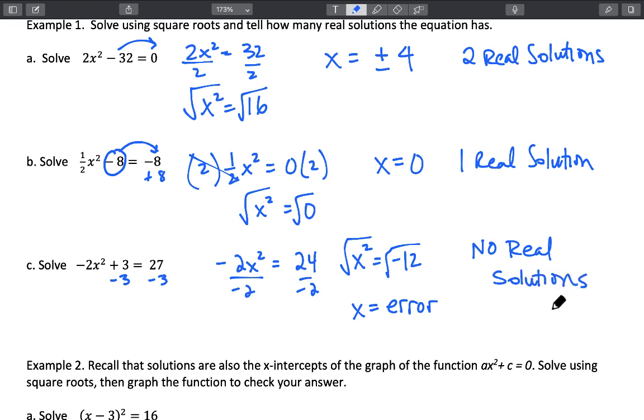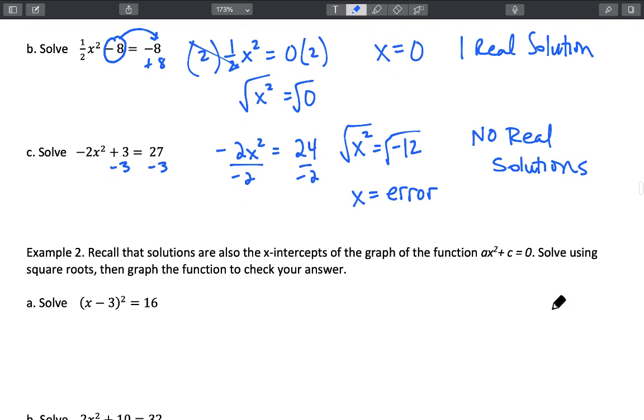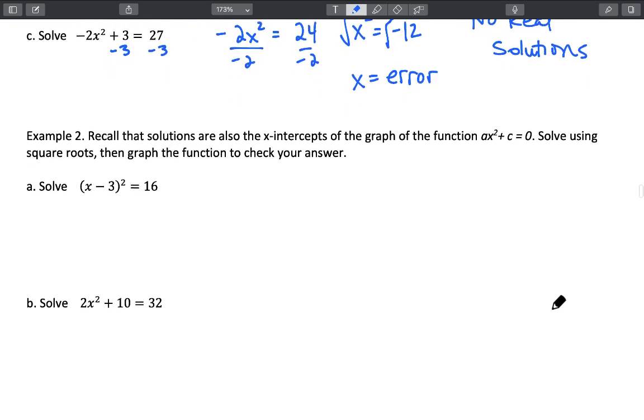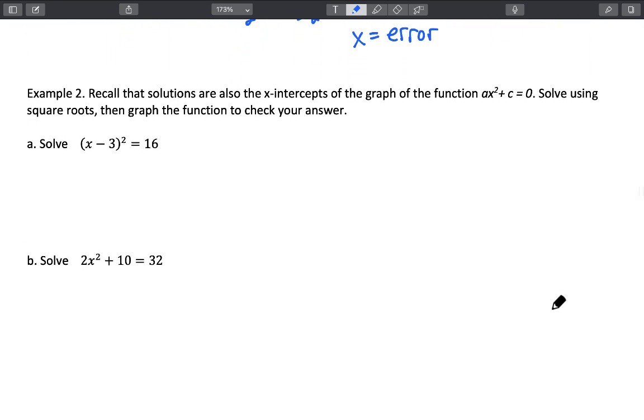All right, in our next example here, example 2, it says, recall that solutions are also x-intercepts of the graph of the function ax squared plus c equals 0. Solve using square roots, then give a graph of the function to check your answer. All right, in example 2a, I'm going to see that I have this x minus 3 quantity squared is equal to 16.